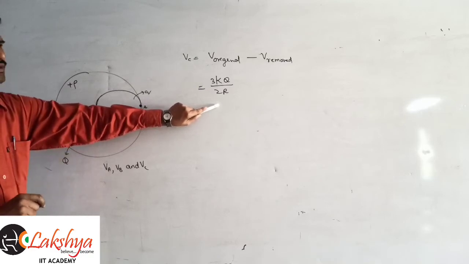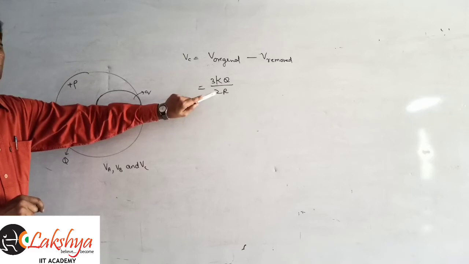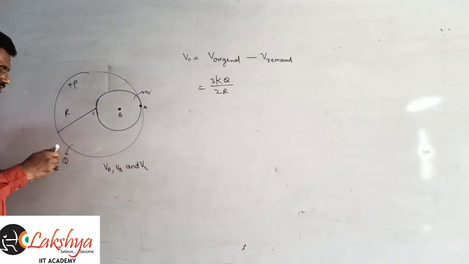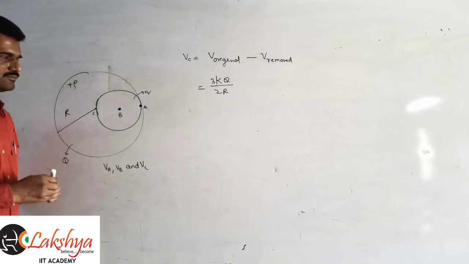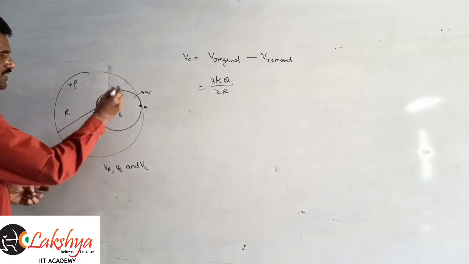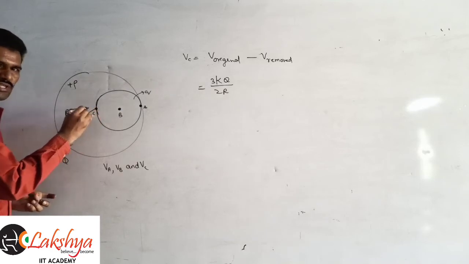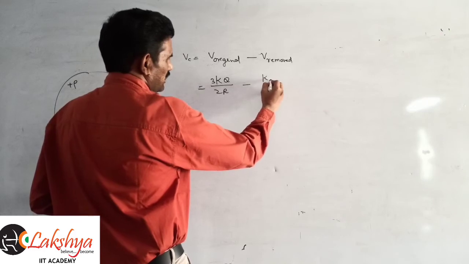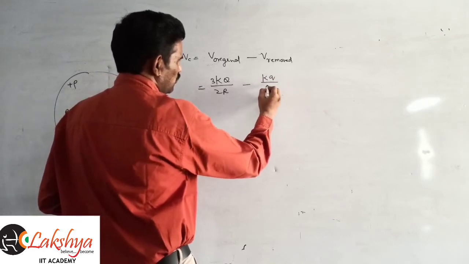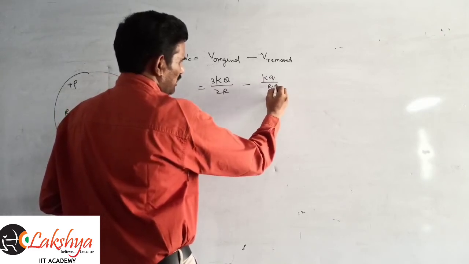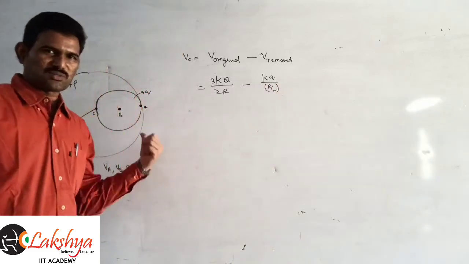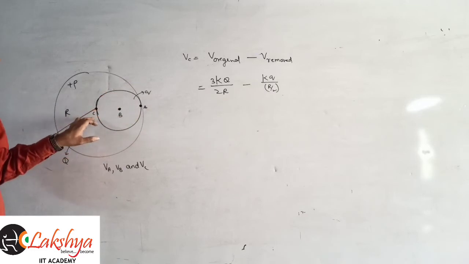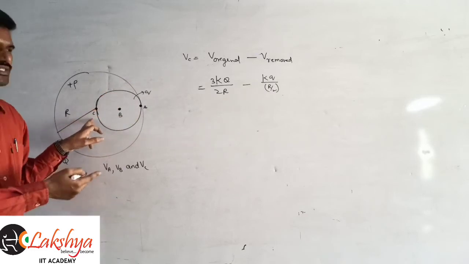And for the cavity, this point is on the surface, so it is minus k into q by small r, where here r means r by 2, the radius of that sphere. We are treating this as one surface, and point C lies on the surface, so we use that formula.